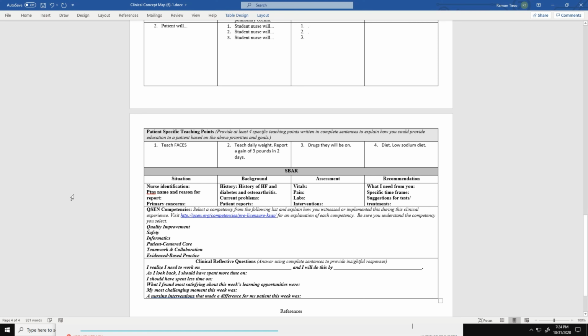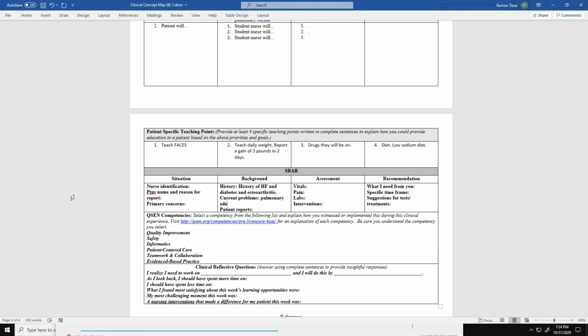Current problems, they had pulmonary edema and hypoxia. All right, so they got low oxygen due to pulmonary edema, or you could just say an exacerbation of their CHF or an exacerbation of heart failure too.